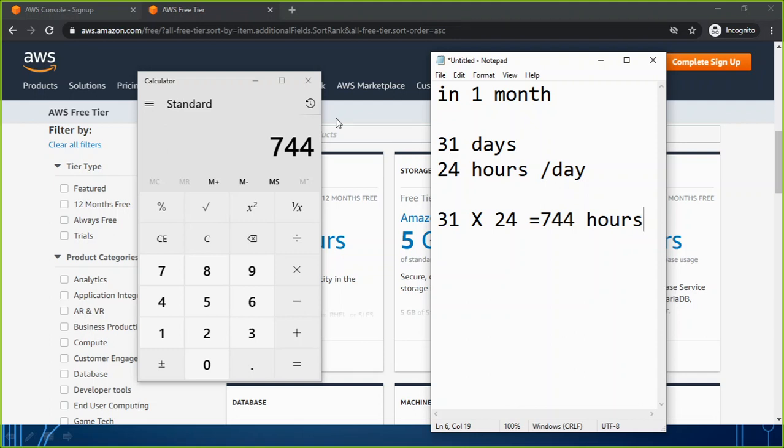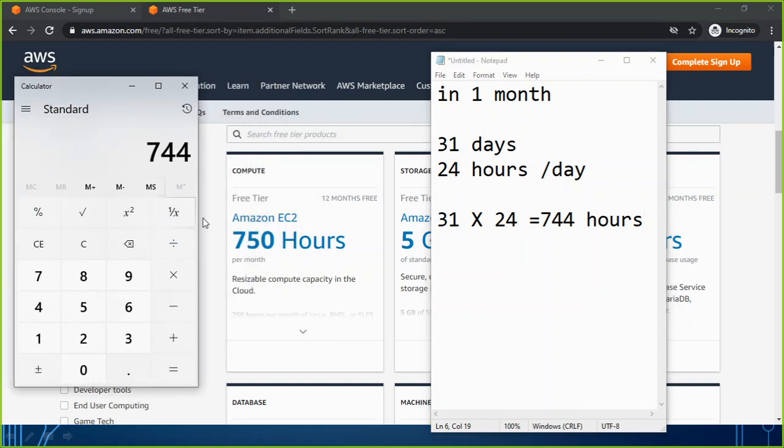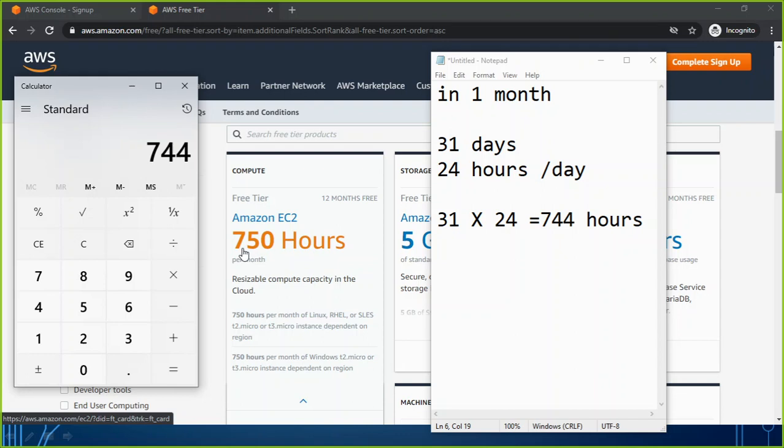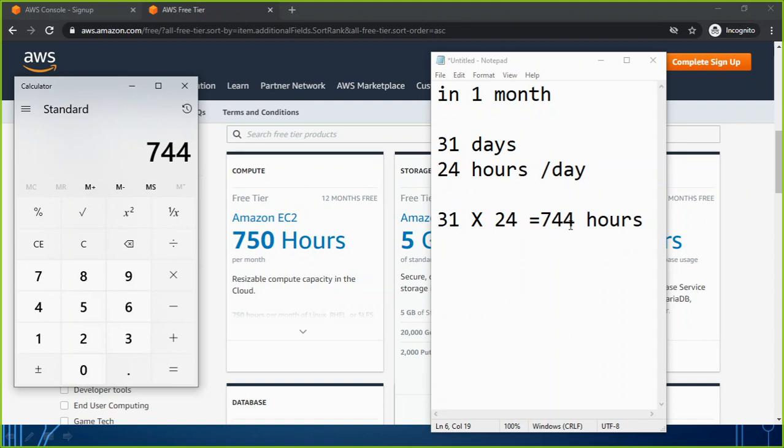So if I create an EC2 instance and I keep running it for the whole month, I don't switch it off at any time, how many total hours will it be running in a month? That can be 744 hours only. And your free tier is offering you how many hours per month? 750 hours per month, meaning that is even more than what you need in a month.